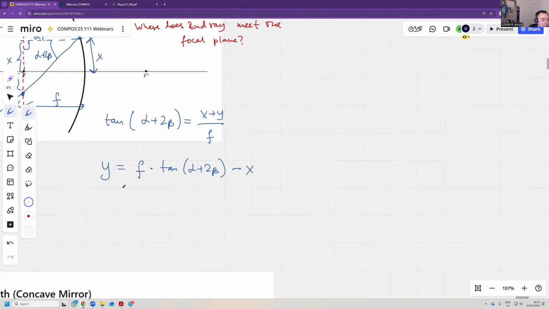Right? Yes. But we note that tan of alpha plus 2 beta is alpha plus 2 beta.